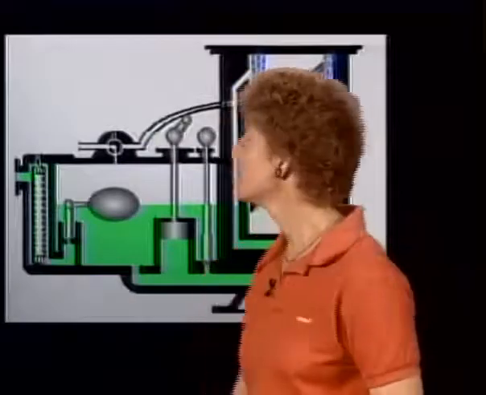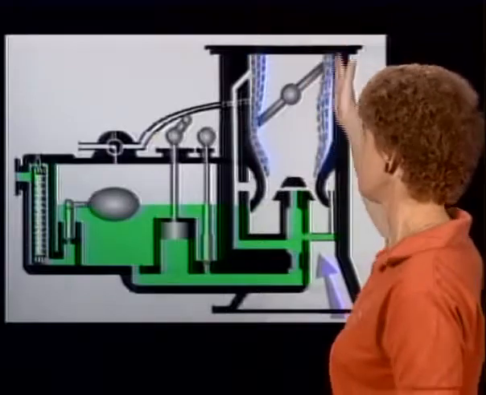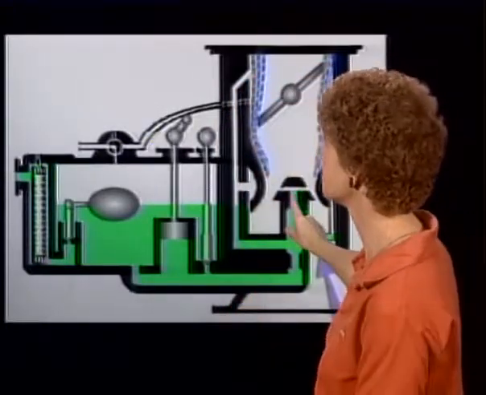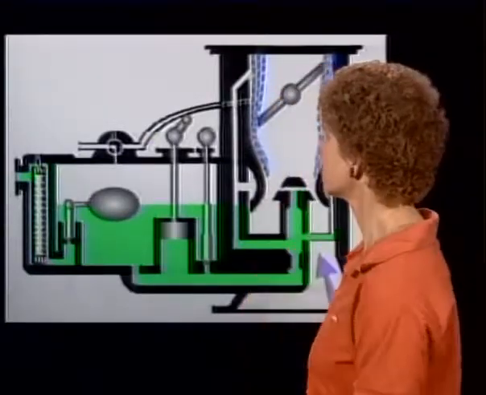Okay, let's talk some more about the throttle valve. This is the throttle valve right here, located, by the way, in the throttle body. Get some terminology down here. The throttle valve is located after the main discharge nozzle. Here's the main discharge nozzle, and the air is going this way. And it is located between the venturi and the engine.